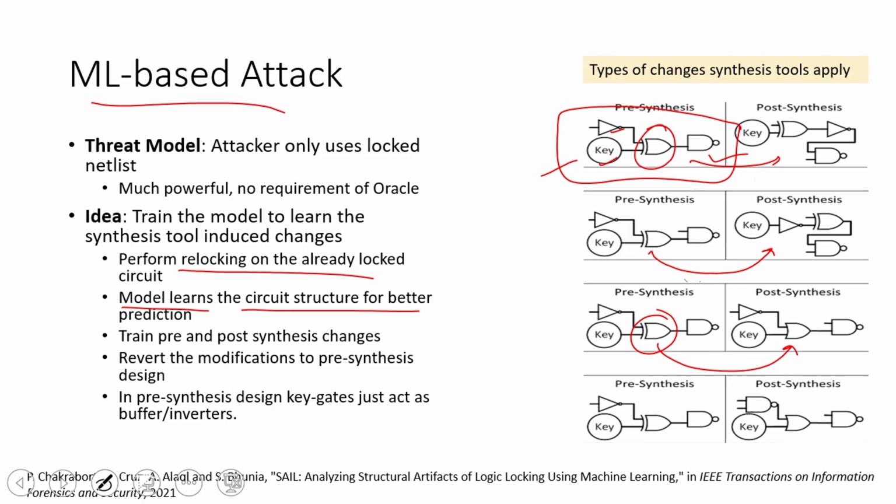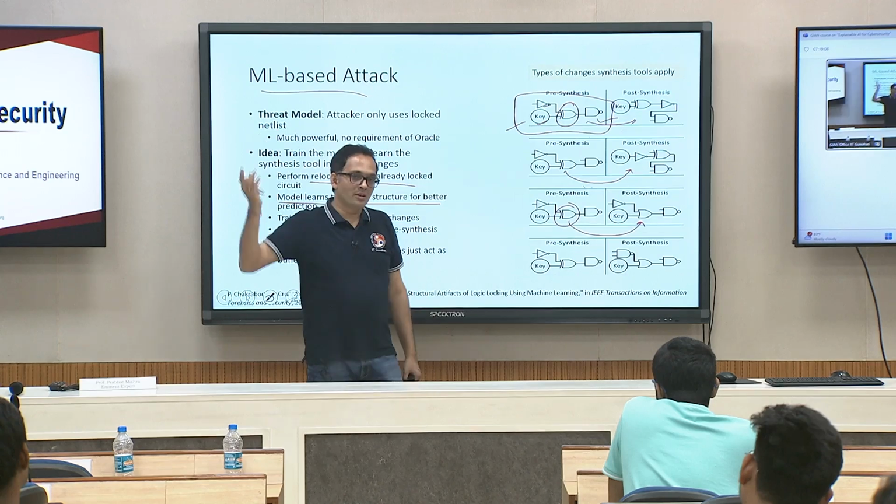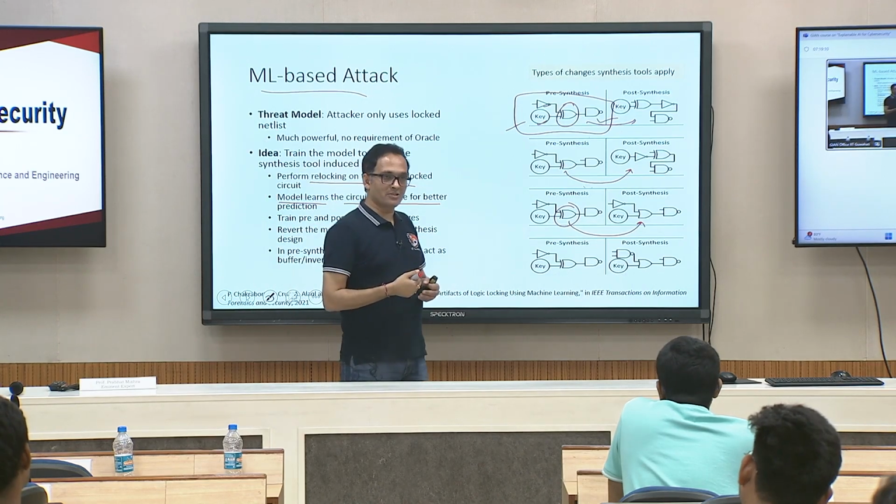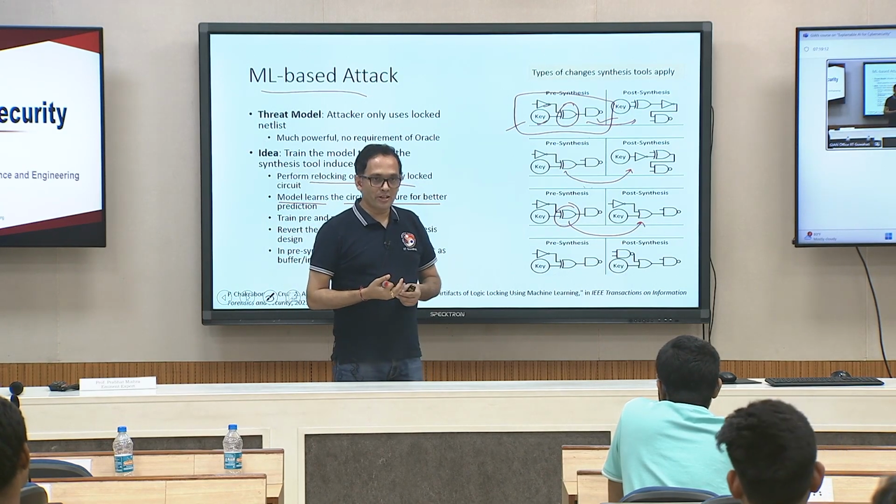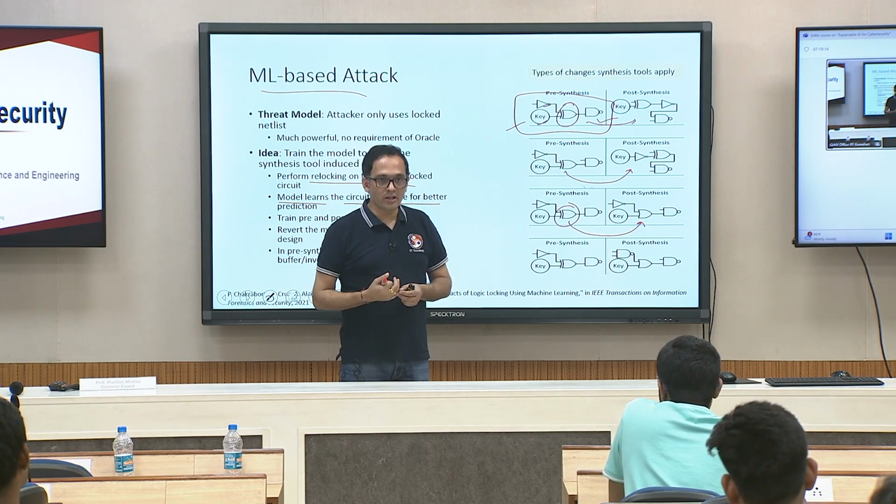If this is the substructure and you make this modification, this will be the post-synthesis structure, and that is the correct key. You can create the training data set and train an ML model. Then in your locked design, you identify those patterns and query that model: for this structure, what was the correct key, what was the pre-synthesis structure? It is possible. Did you get the core idea?